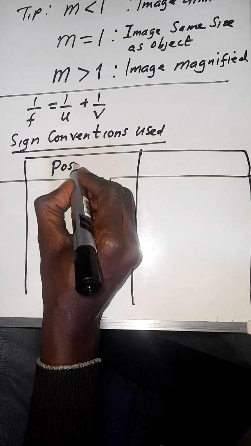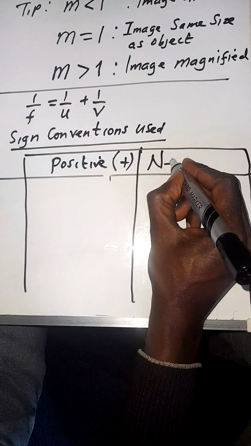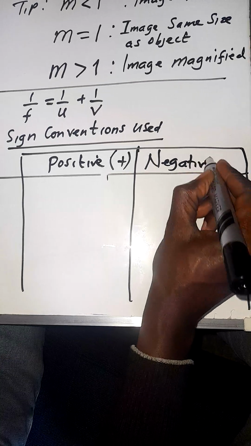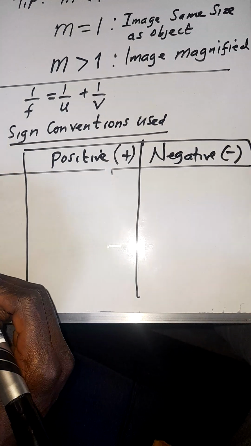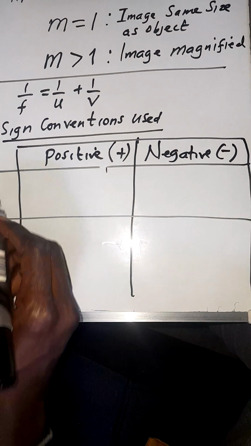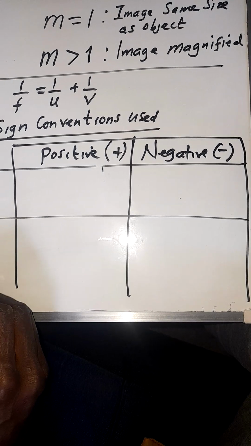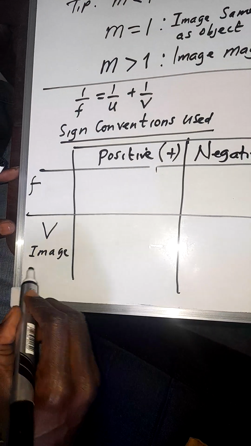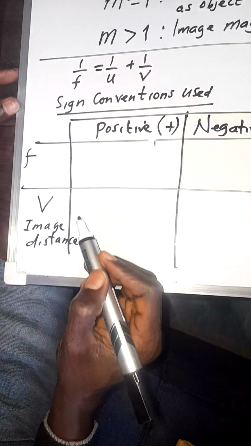You can talk about this one being positive, and the other side being negative. It may be in terms of the focal length. Remember, f is the focal length. And we can also talk about v. Remember, v represents the image distance.